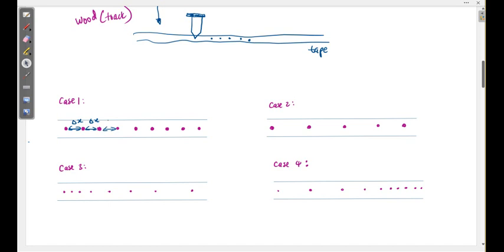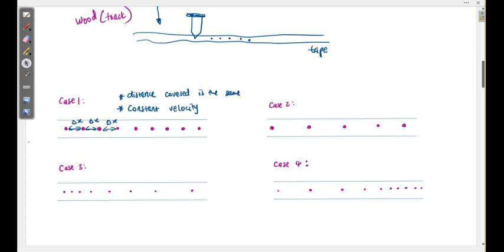Yeah, I did try to make sure that the distance is the same. So for case number 1, we say that the distance covered is the same, this means that the trolley was moving at a constant velocity.